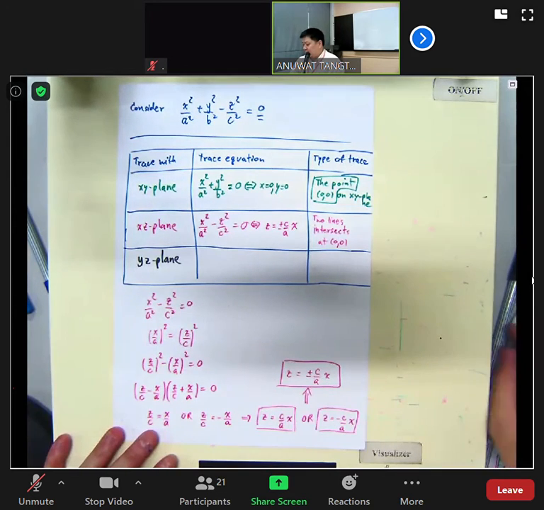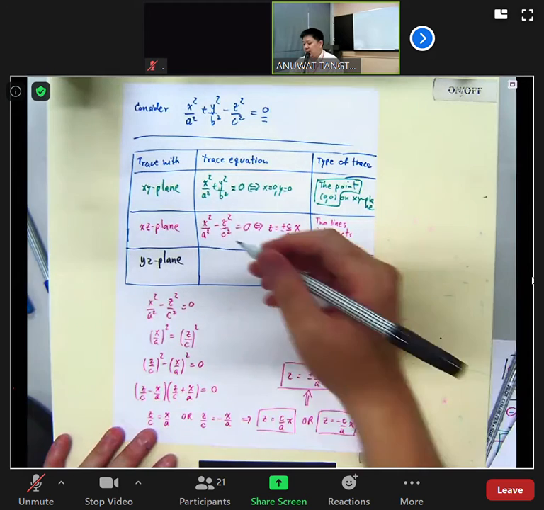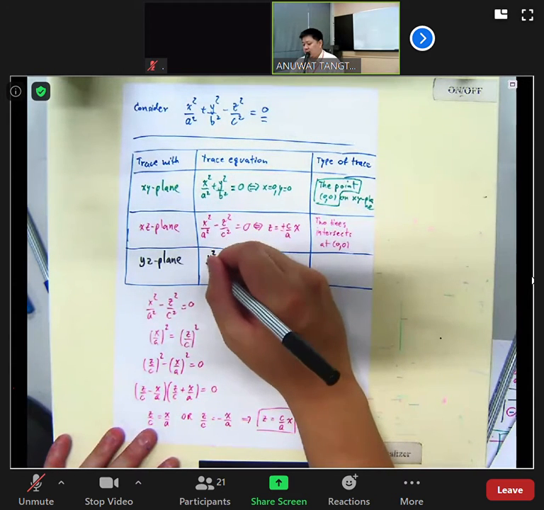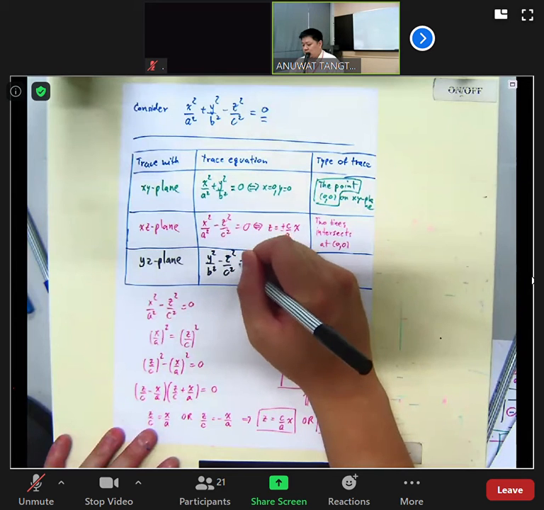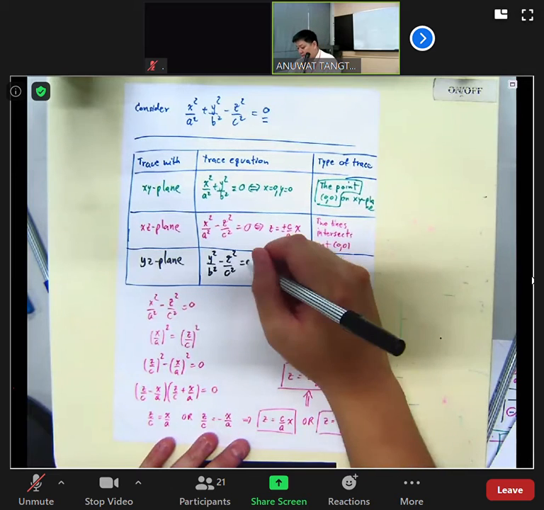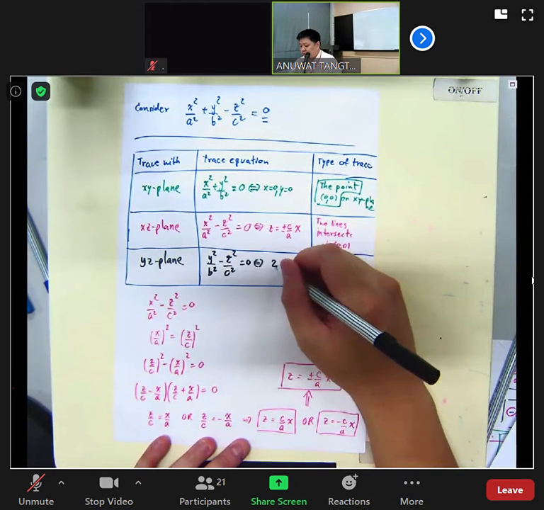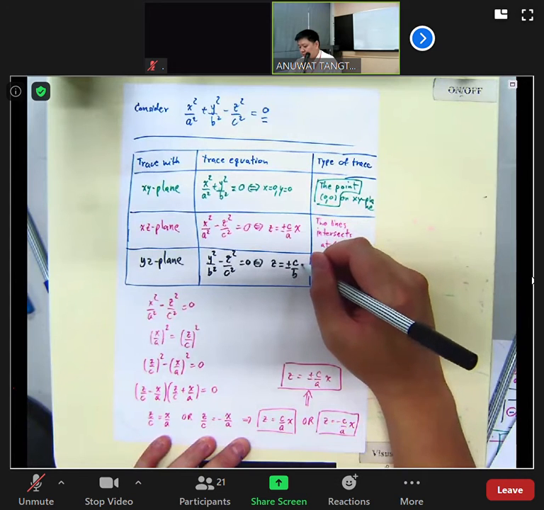Now on the yz plane, the equation can be obtained similarly. It becomes y squared over b squared minus z squared over c squared equal to 0. We would get almost the same thing. So we would get z equal to plus or minus c over b y.